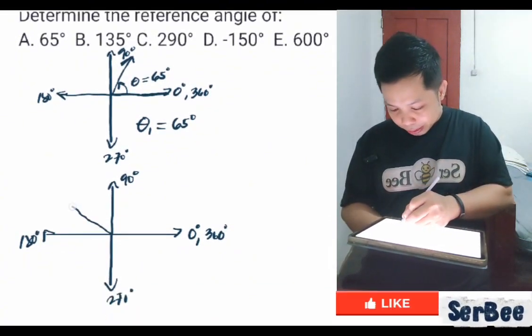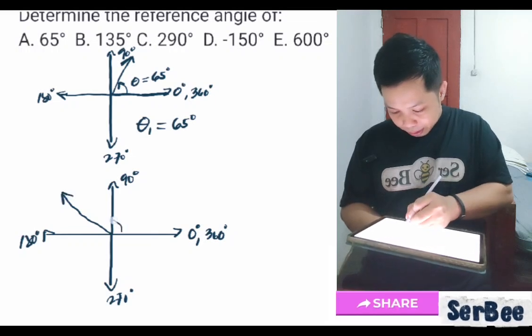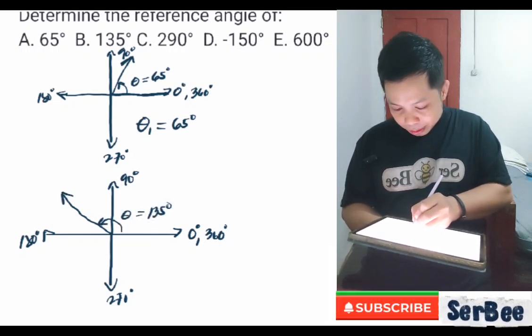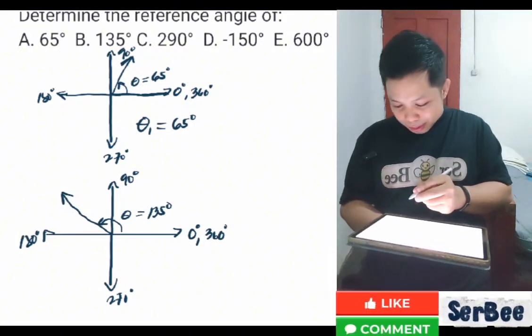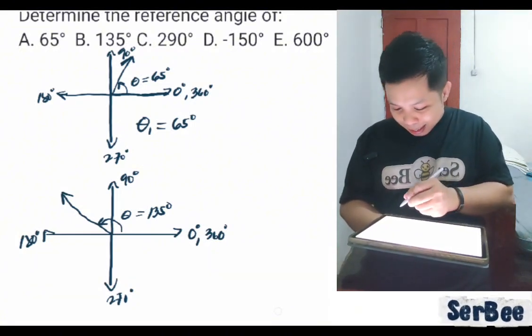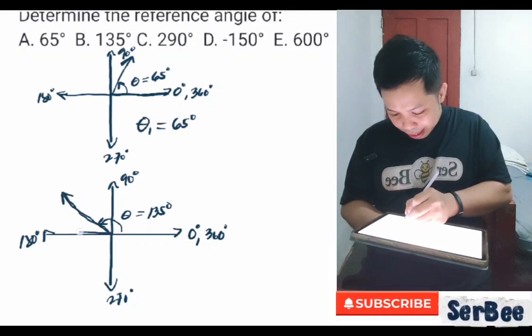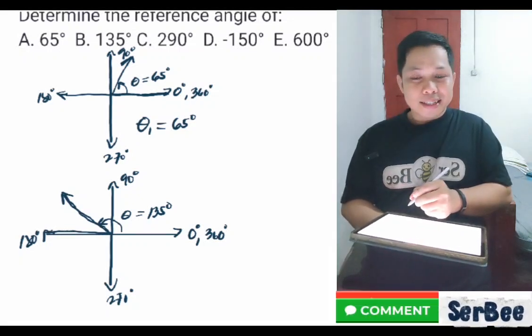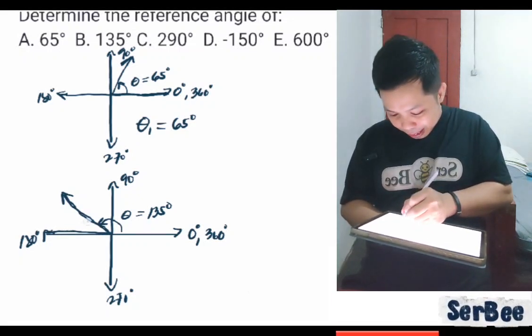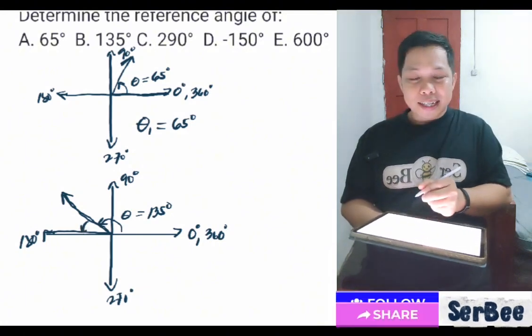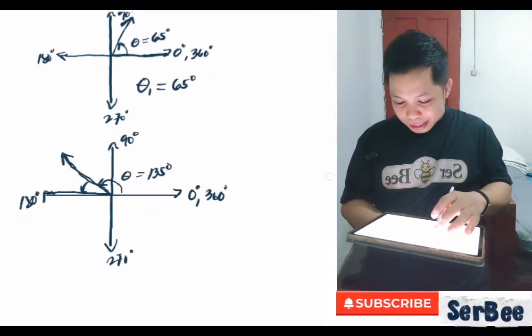So somewhere here, okay? So this is angle theta, which is 135 degrees. So nasaan yung reference angle niya? So ito, the terminal side makes with the negative x-axis. So ito po yung kanyang reference angle. So that is on the second quadrant.